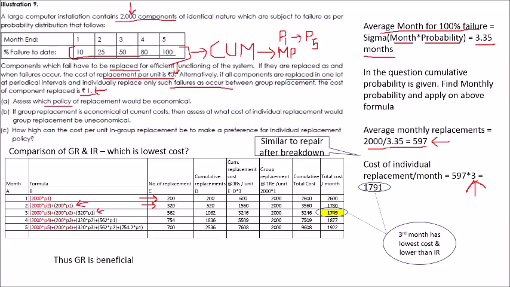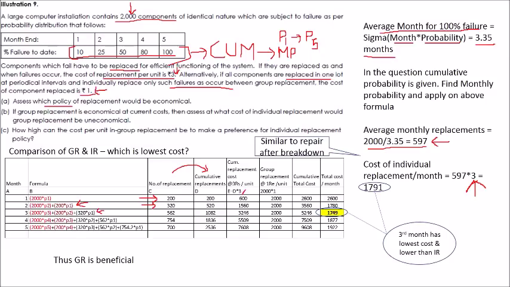Just extrapolate this formula and find the number of replacements and the cumulative number of replacements. You have found the replacement for each month. Now you are finding the cumulative replacement, and all this replacement will be done at 3 rupees per unit, because the supplier has quoted for individual replacement, so I will always give it at 3 rupees only.